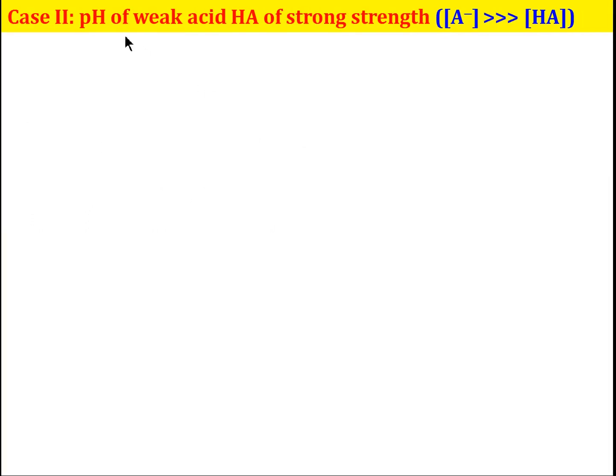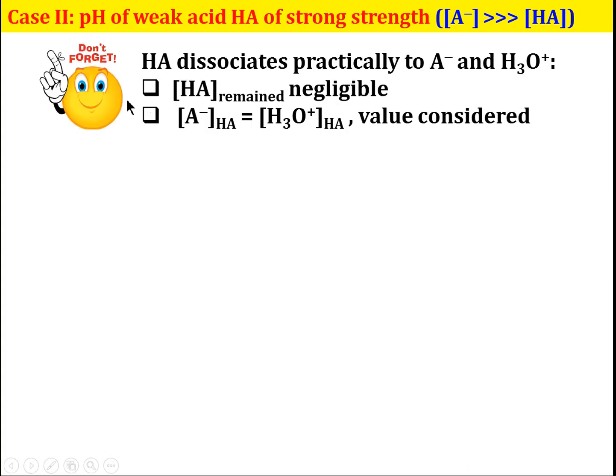In the second case, we want to calculate the pH of a weak acid HA of strong strength. In other words, the concentration of A minus is greater than HA, or HA is negligible with respect to A minus. Don't forget, in this case, HA dissociates practically completely to A minus and H3O plus.